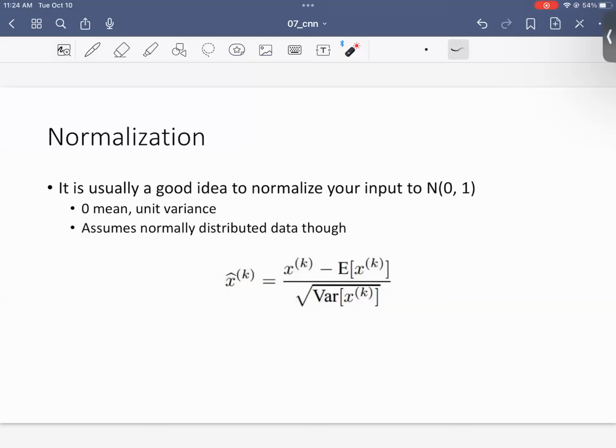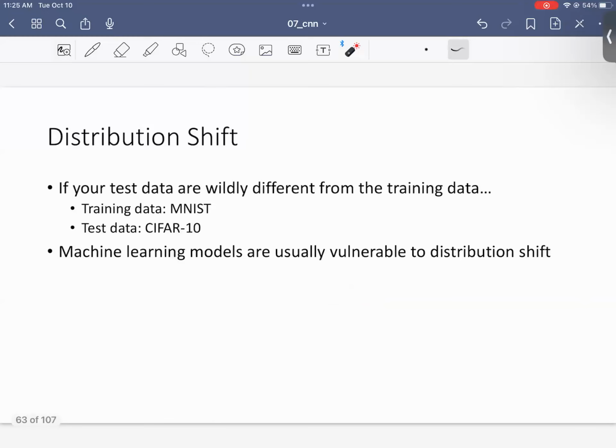In order to do Z normalization, you kind of have to assume that your features are normally distributed, but that's another story. So that's normalization. Another thing that we should note is something called distribution shift. People who research out-of-distribution detection should be very familiar with distribution shift.